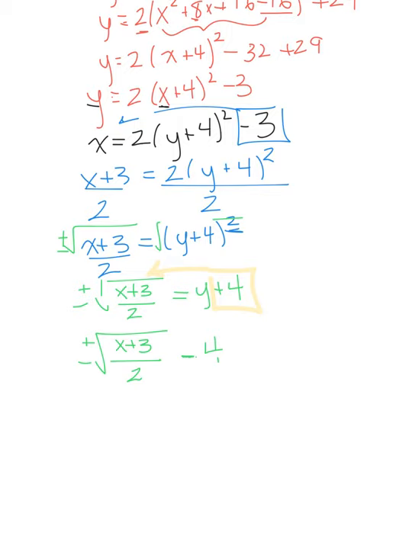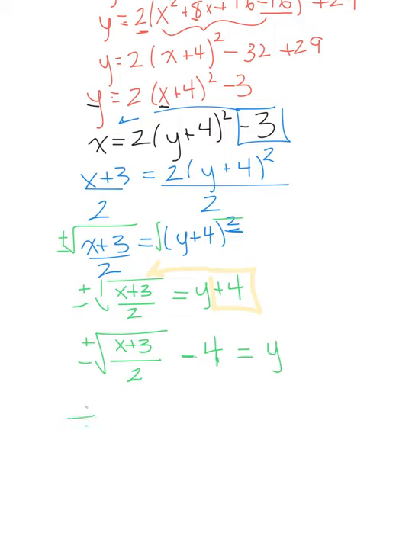It is very important that your subtract 4 stays out of the square root sign. We've done it after we've taken the square root, so we need to make sure it is outside. And that is equal to y.